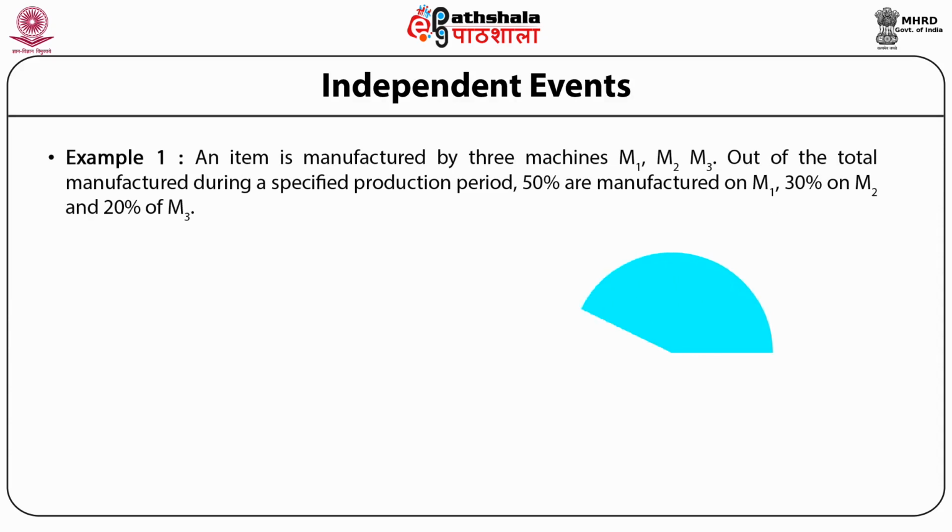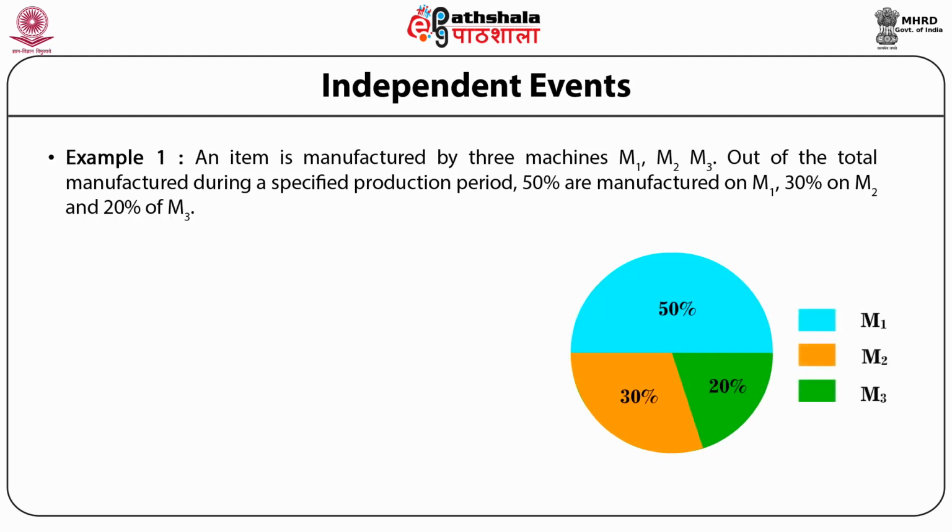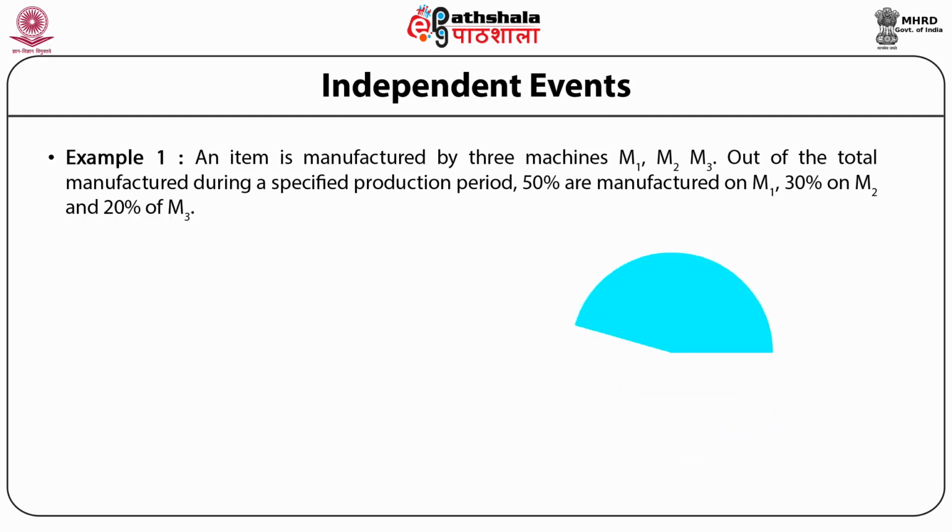Now, an example. An item is manufactured by 3 machines M1, M2, M3. Out of the total manufactured during a specified production period, 50% are manufactured on M1, 30% on M2, and 20% on M3.